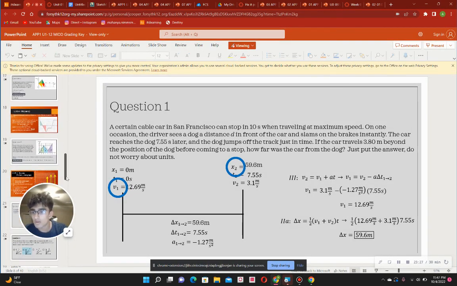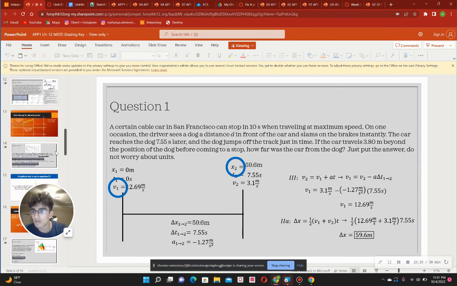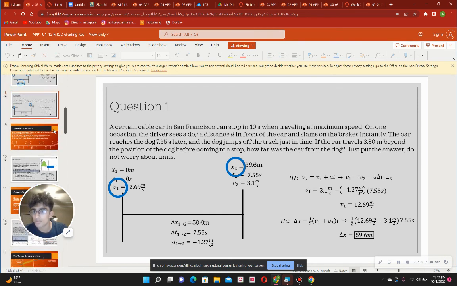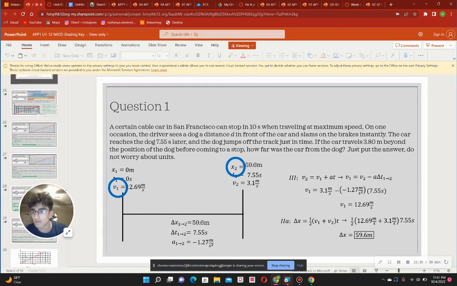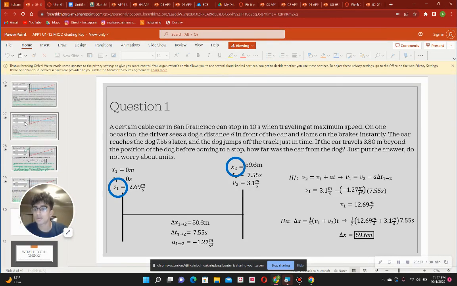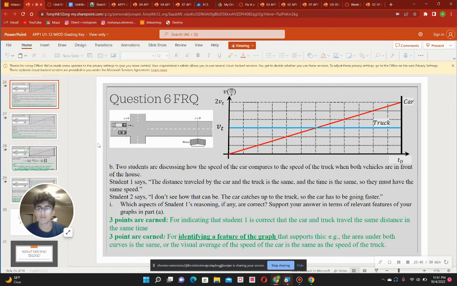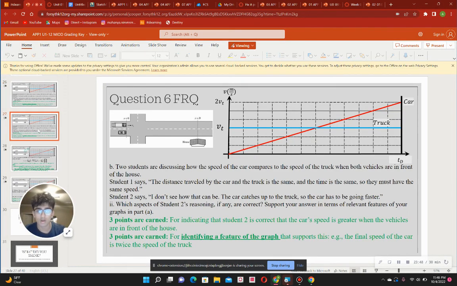If I go to the FRQ, for identifying a feature on the graph, the final speed of the car is twice the speed of the truck.